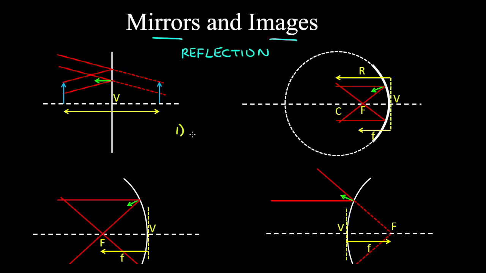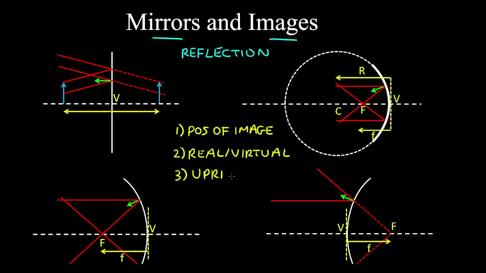And four things we're looking for are the position of the image, whether the image is real or virtual, and also whether the image appears upright or inverted, and whether the image is magnified or enlarged or diminished, which means it appears smaller.